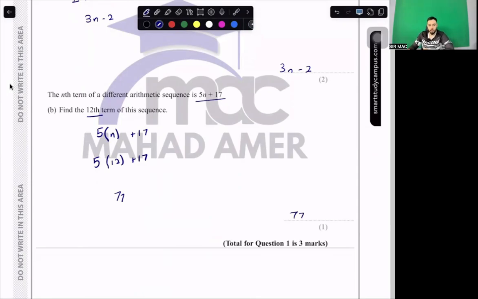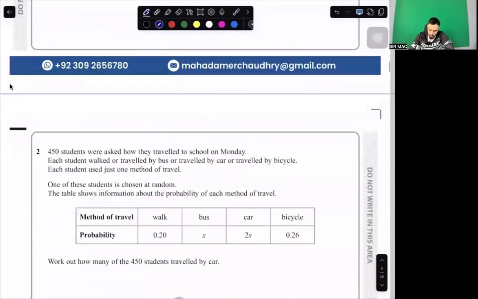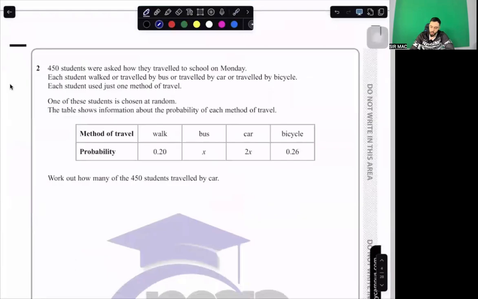Okay. Now let's move on to question number 2. 450 students were asked how they traveled to school on Monday. Each student walked or traveled by bus or by car or by bicycle. Each student used just one method of travel.